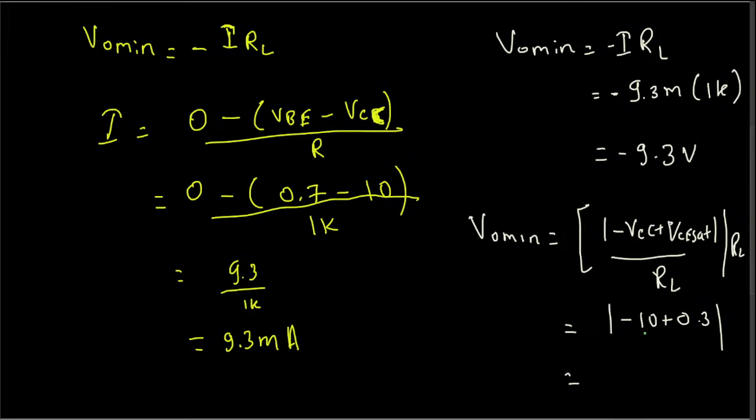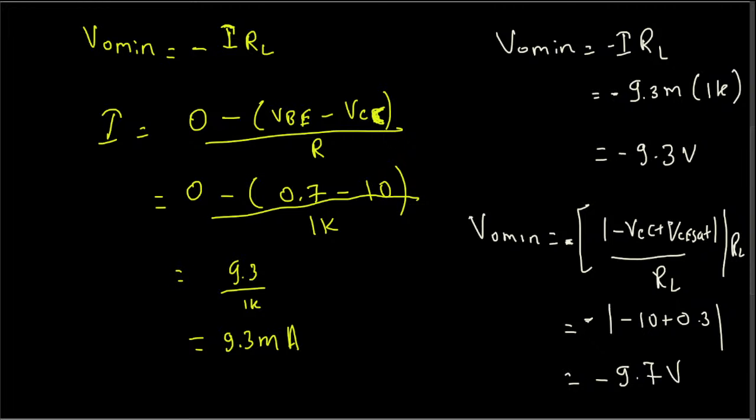Also there is a negative in front. So we end up having negative 9.7, and that is an absolute value, so it's positive 9.7, but outside we have a negative, so that makes it negative 9.7 at the end. So we have to compare these and see which one is close to zero. In this case 9.3 is the one that is close to zero, so we have to choose that one.